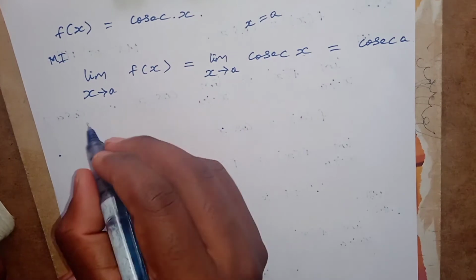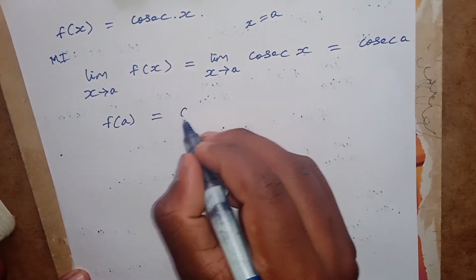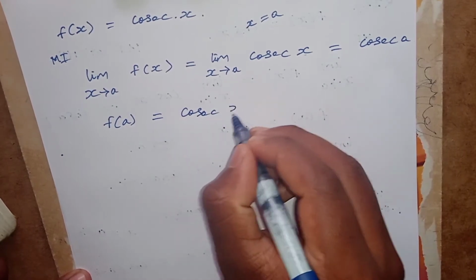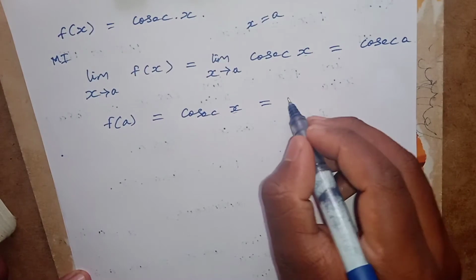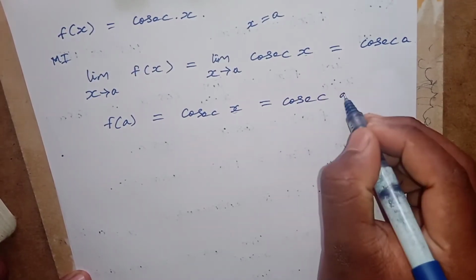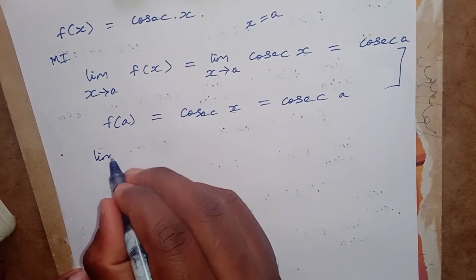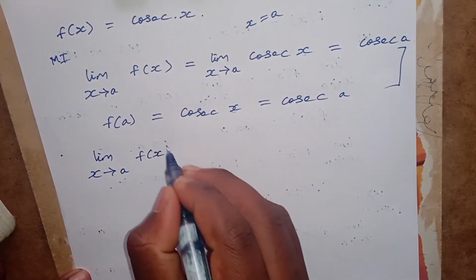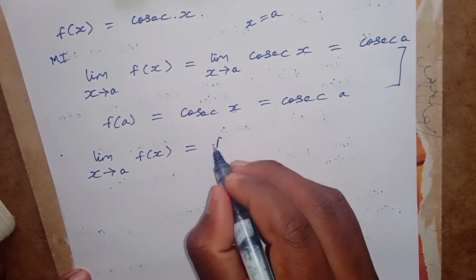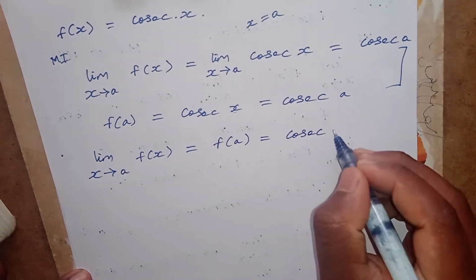Next, f of a is equal to cosecant x; in the place of x you substitute the value of a, therefore cosecant a. Here also it is equal, therefore finally you write limit x tends to a, f of x is equal to f of a equal to cosecant a.